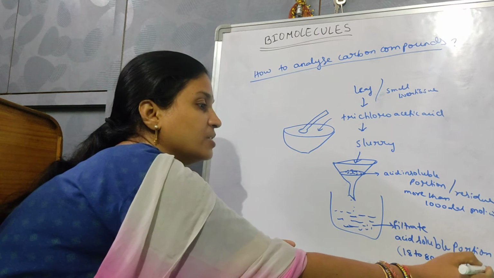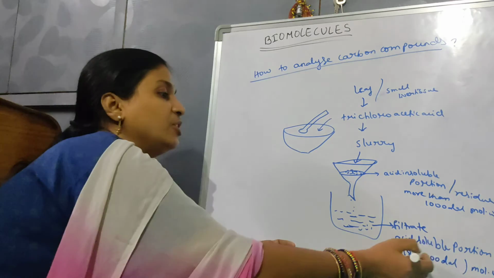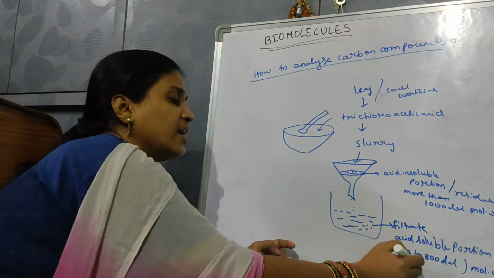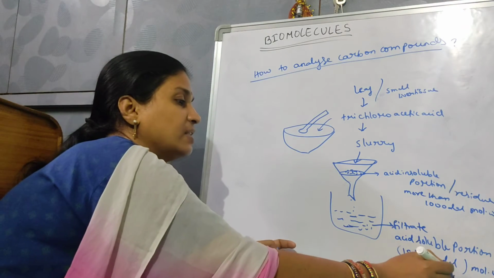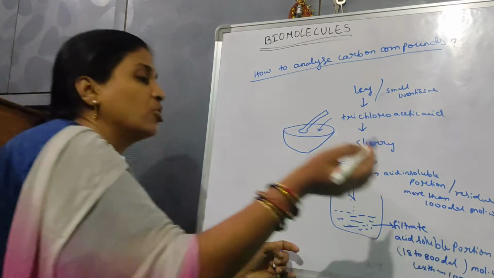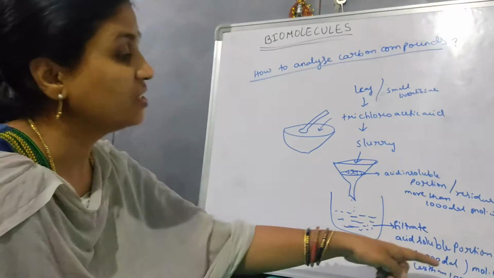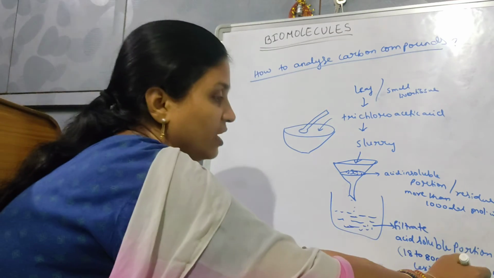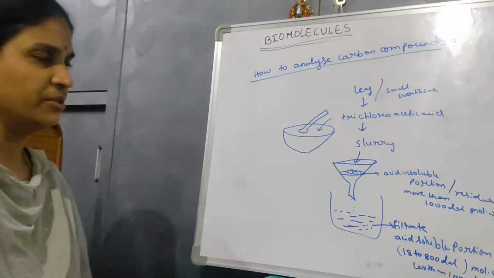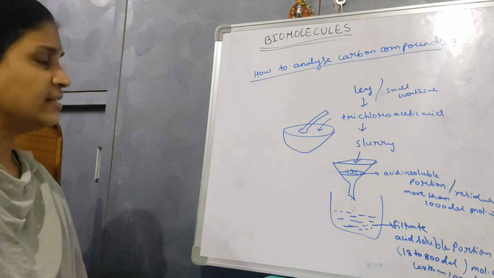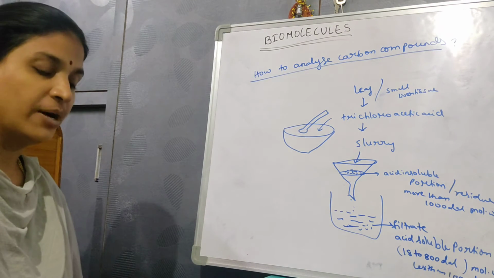This 18 to 800 Daltons, or you can say less than 1000 Daltons, are present. Less than 1000 Dalton molecular weight substances are present in the acid soluble portion. Like this we can separate out biomolecules.